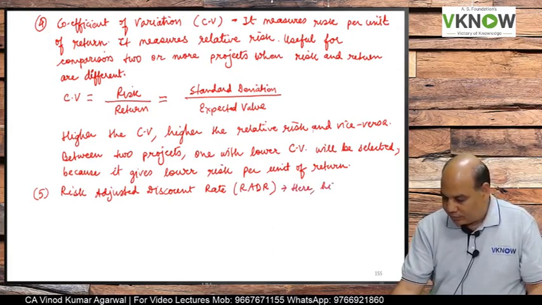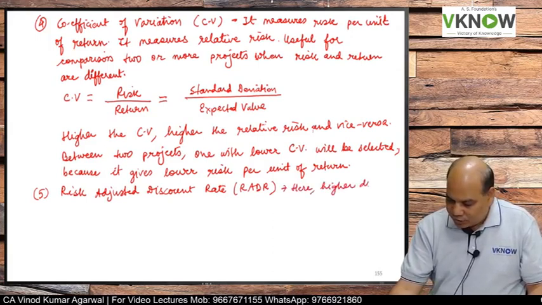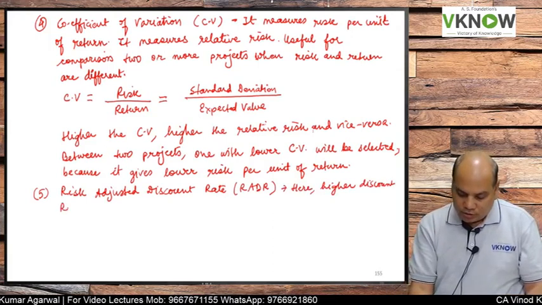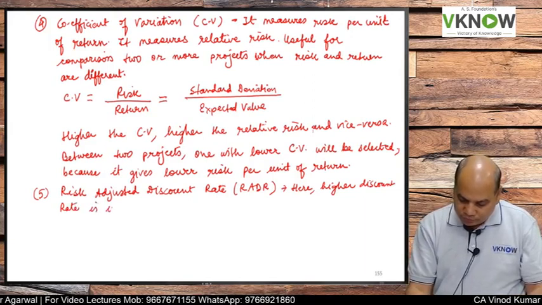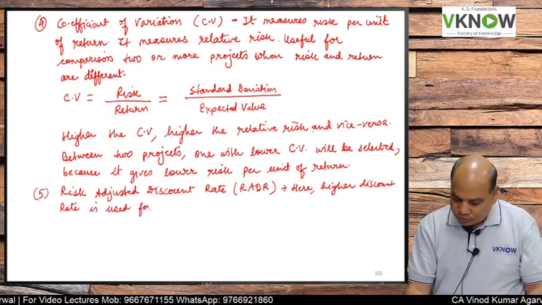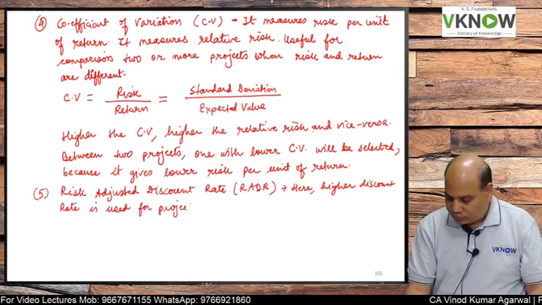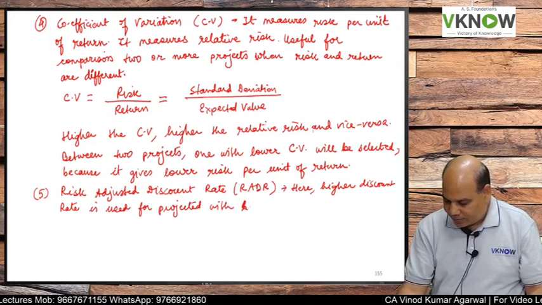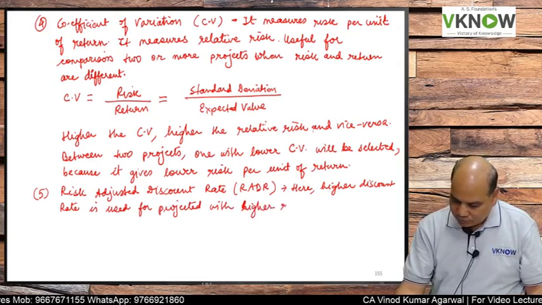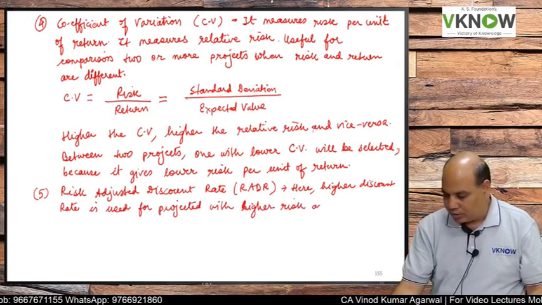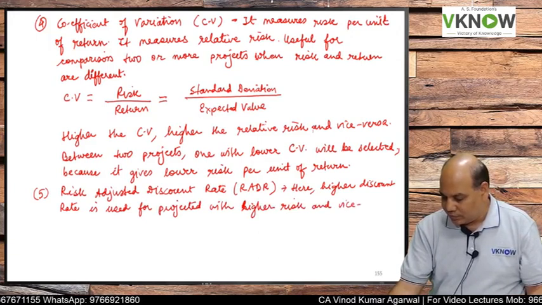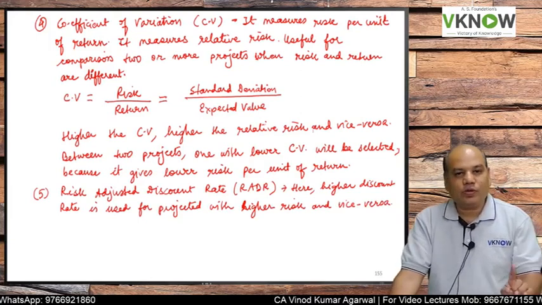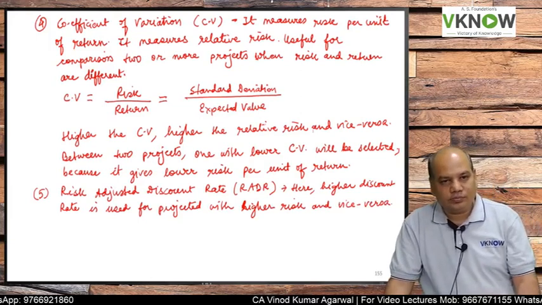Here a higher discount rate is used for projects with higher risk and vice versa. Vice versa means a lower discount rate is used for projects with lower risk. Is it right?